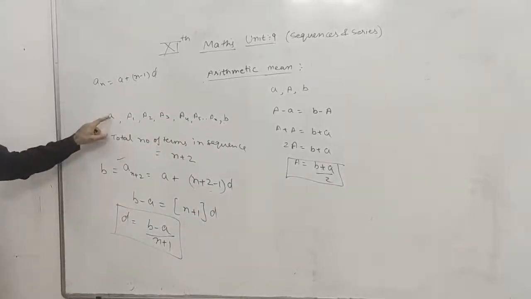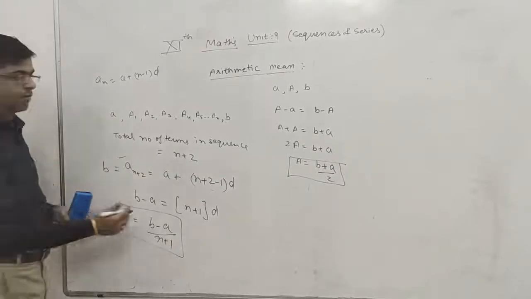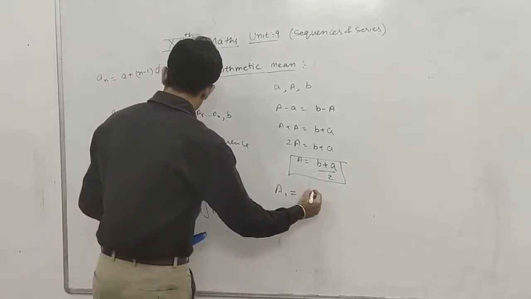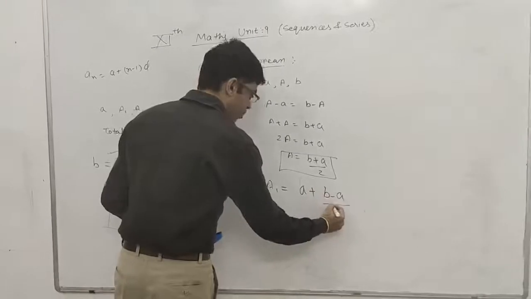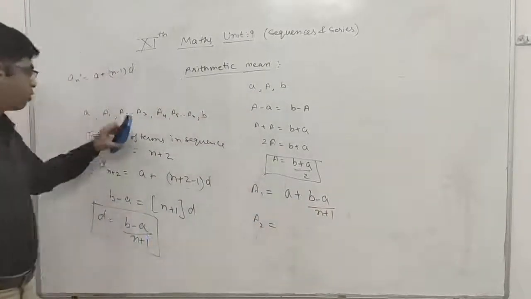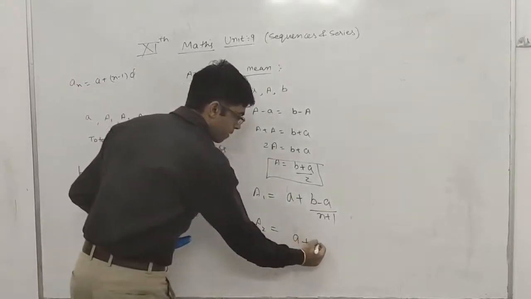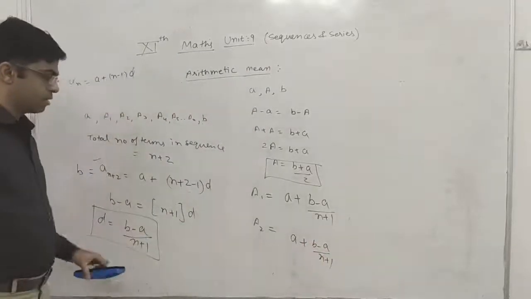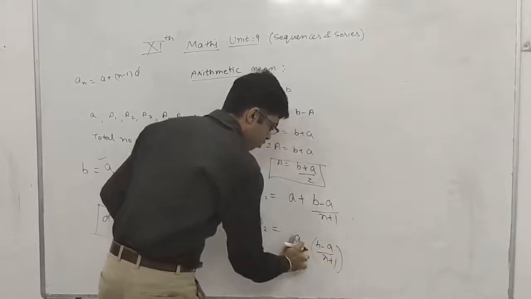So by adding this common difference to a, we can get a1. a1 is a plus (b minus a) upon (n plus 1). Similarly, a2 will be a1 plus (b minus a) upon (n plus 1), means multiplied by 2.